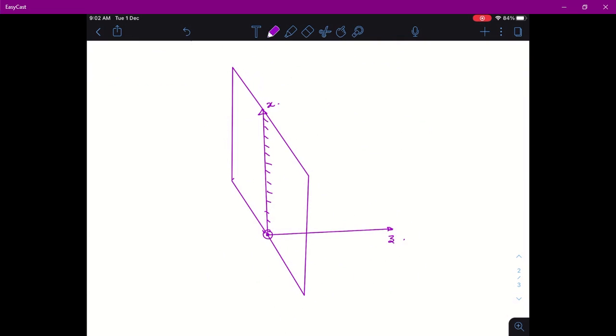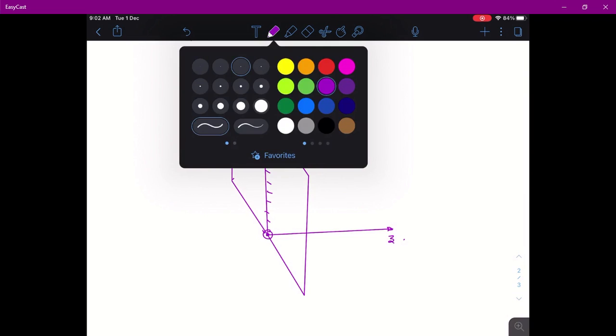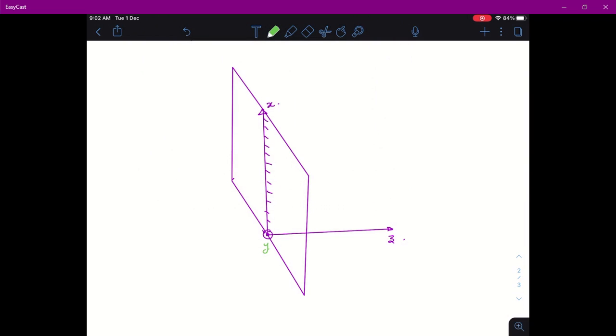So there is a plane, and the plane is along the y direction, so there is a y here. Similarly, the plane has a corresponding x direction, which is the height, x up.